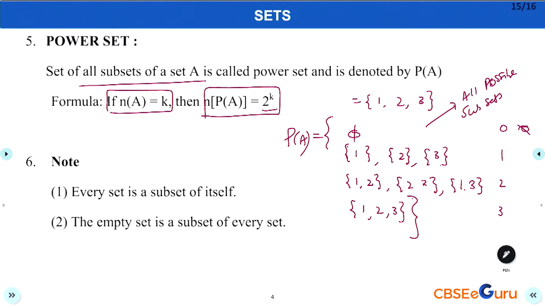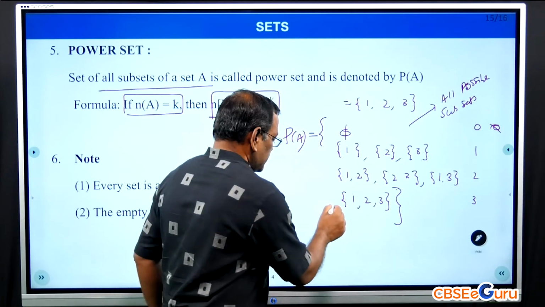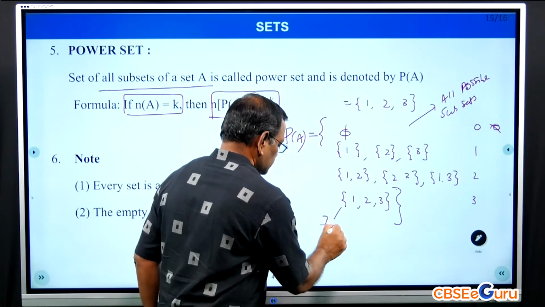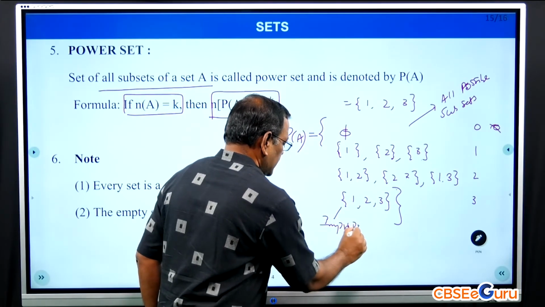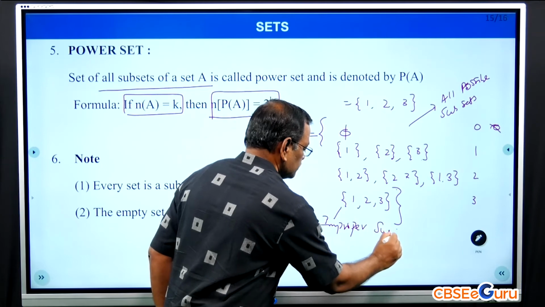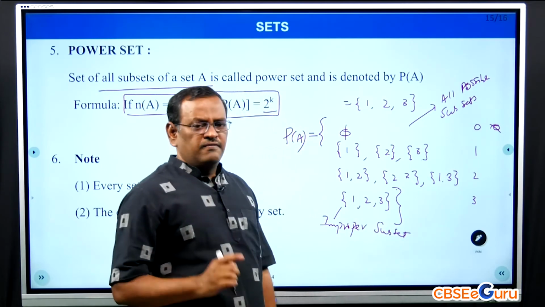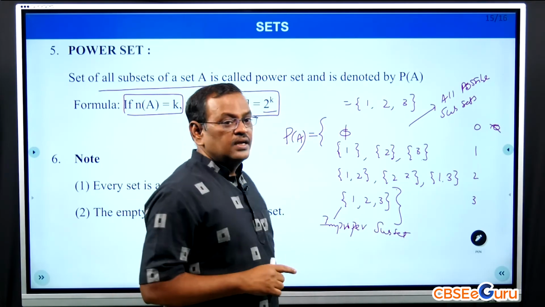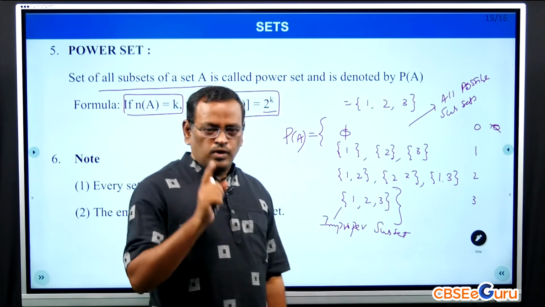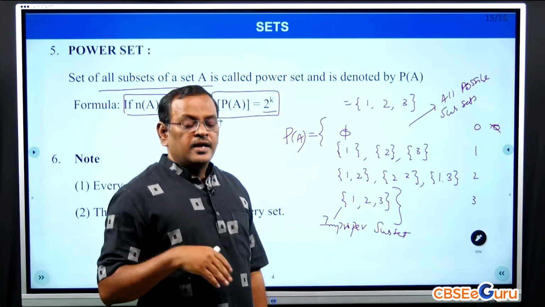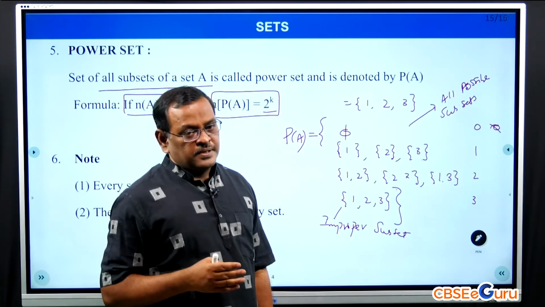And one important note: even though it contains 8 subsets, this set itself is called an improper subset. Every set A has only one improper subset, remaining subsets are called proper subsets.